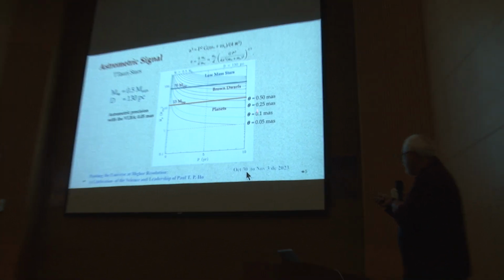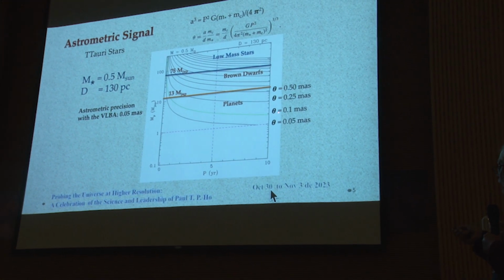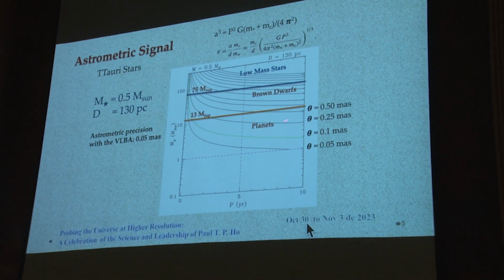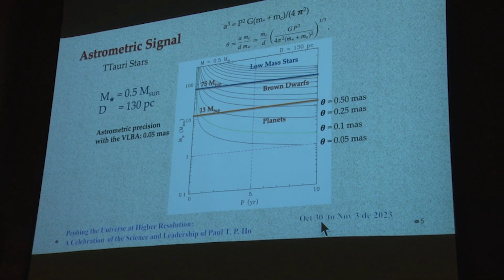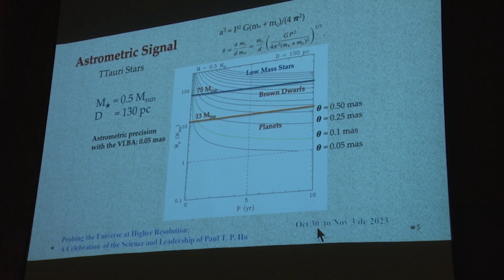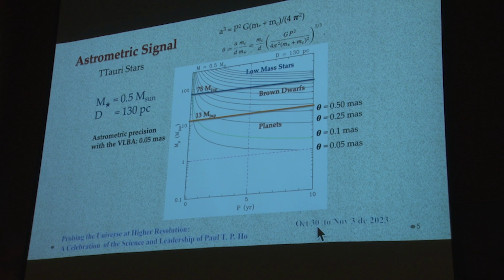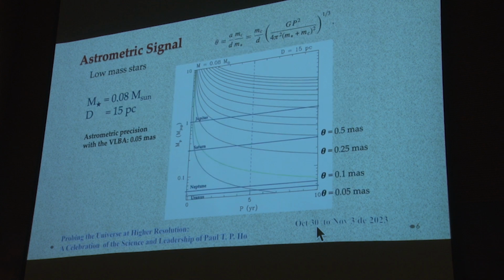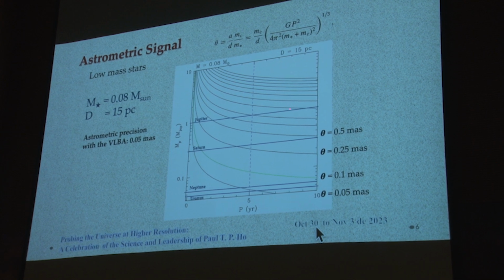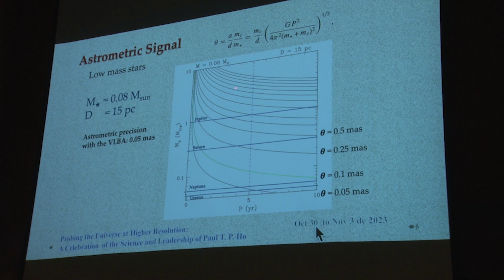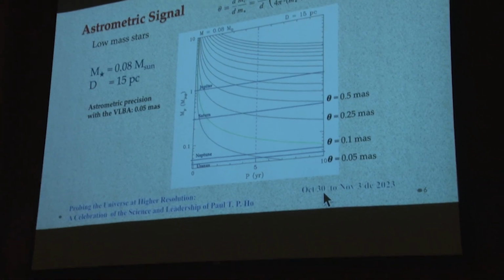This is the astrometrical signal that we would expect, each one of these curves. And this green curve here is the limit that we have with the VLBA. So that's what we can get. However, with low mass stars, this is different. So we will be able to find exoplanets of different masses.